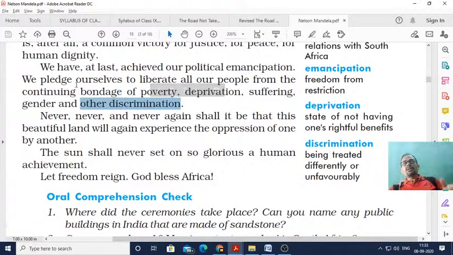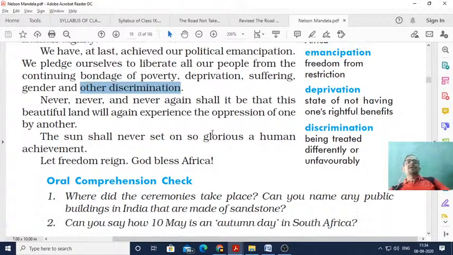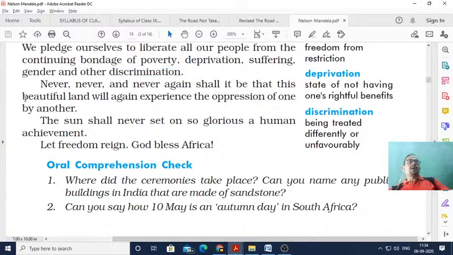So Nelson Mandela pledged in front of everyone in his inaugural address that now we pledge to liberate people from the continuing bondage of poverty and deprivation and suffering, gender and all kinds of discrimination. Now there will not be any kind of discrimination in the country, and we shall certainly try our level best to liberate all our people from their miserable life. Now never again shall it be that this beautiful land will again experience the oppression of one by another.